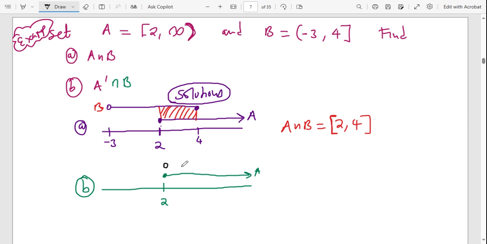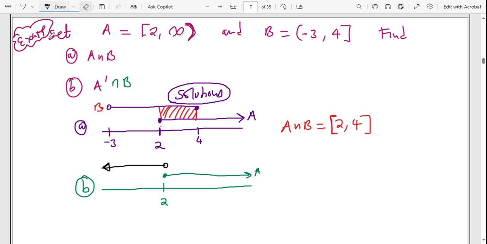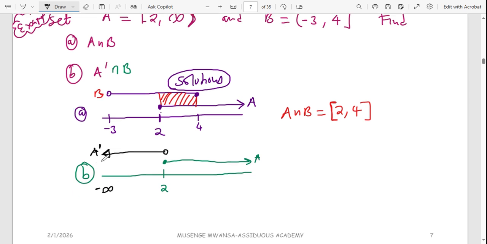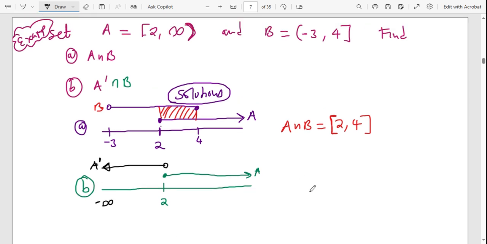And because A is going in this direction, A complement will be going in this direction because we want what is outside. Okay, A complement is just what is outside. So that is the set A complement, this one. And to the left where we are going, what numbers are there? We are actually going towards negative infinity because we don't know where we're going to end. So that's a set A complement.